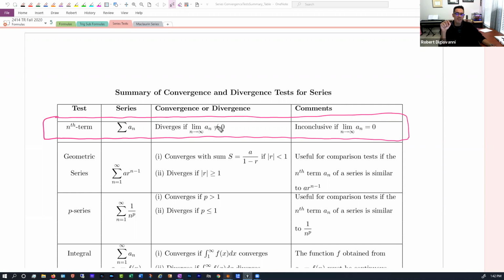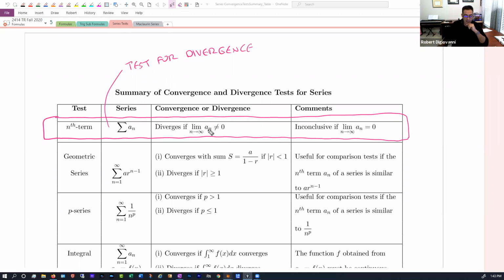All this test is doing, sometimes this is referred to as a test for divergence. This test says that if the limit of the sequence goes to something other than 0, you're guaranteed to have divergence.